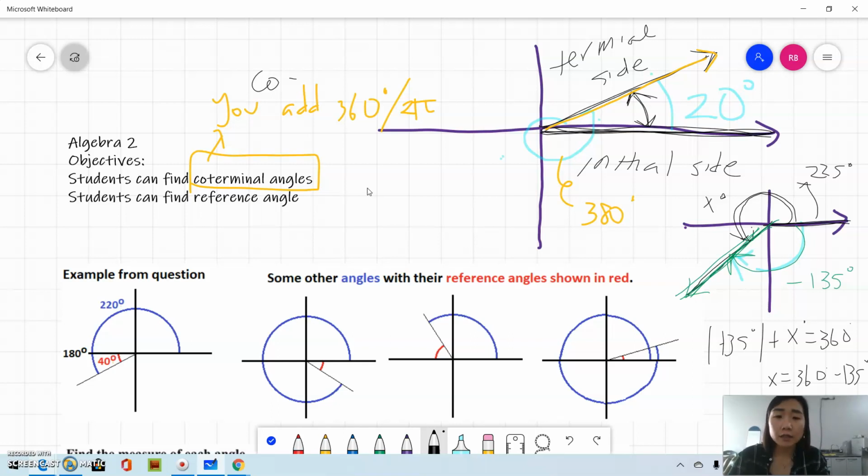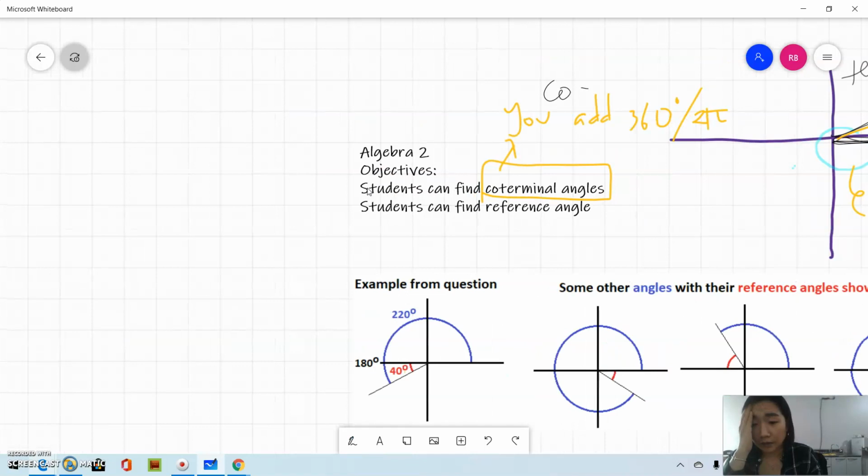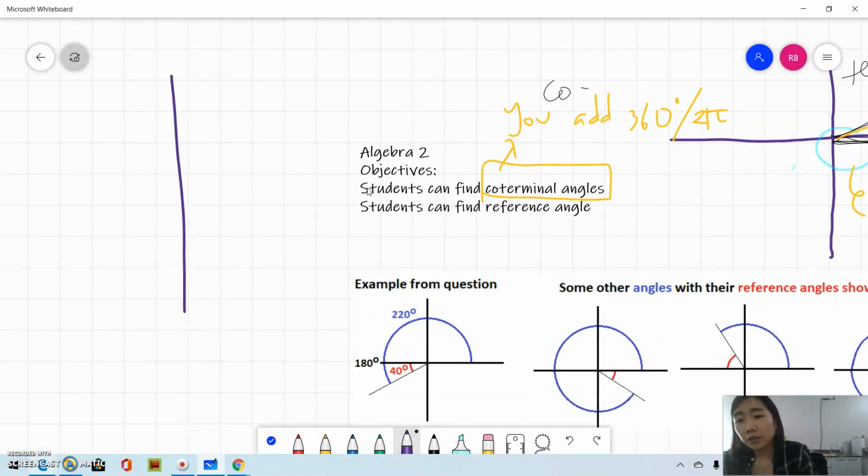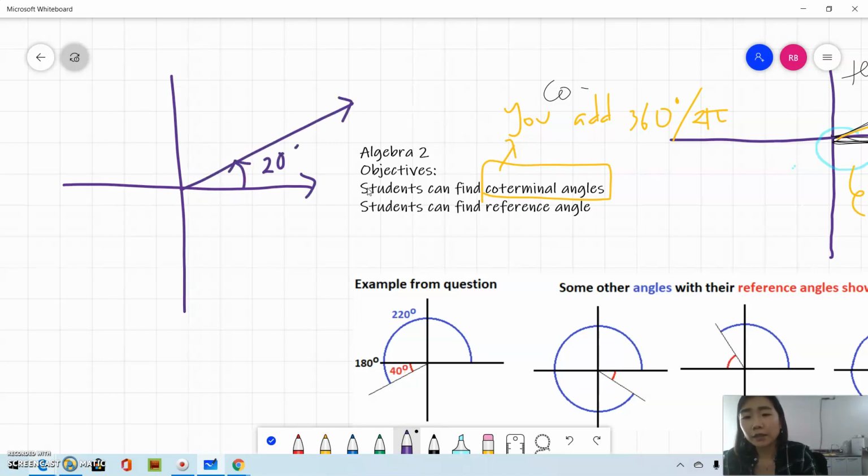And actually, there are an infinite number of coterminal angles for each angle you choose. Let me show you how that is. Let's say my original angle was 20 degrees like last time. One way to find a coterminal angle is to go one way around, and that will be 360 plus 20, right?